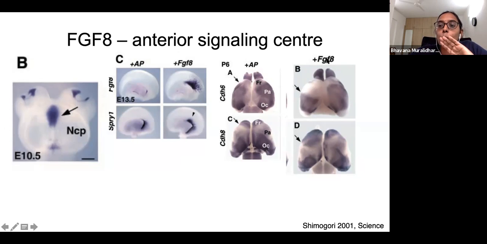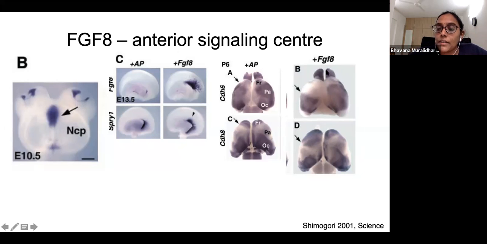But the moment you overexpress FGF8, you suddenly start seeing a change in cadherin-8. What she's done is a very cool experiment: she's left one half of the hemisphere absolutely intact and done the electroporation only in the other half, so you can compare across the two hemispheres to see what is happening the moment you overexpress FGF8.